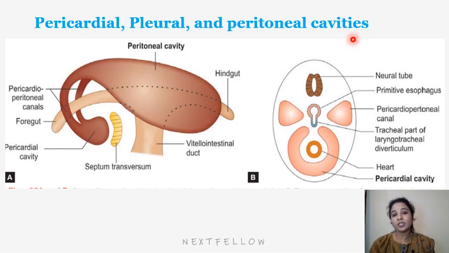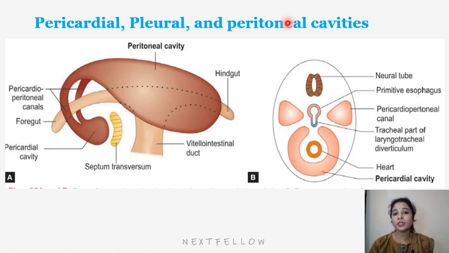So these cavities are seen during the 4th week of development. Initially it is a continuous space, but gradually partitioning develops to form the definitive adult pericardial, pleural and peritoneal cavities.